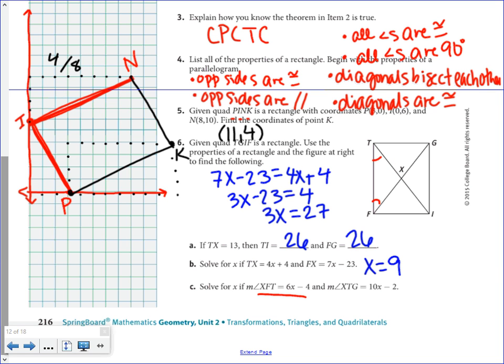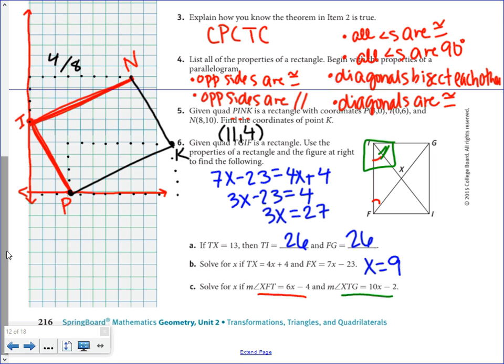These 2 angles are congruent. The other angle they give me is angle XTG, which is this angle. If you look, these 2 angles are complementary. They equal 90 degrees, and that's because we have a rectangle and all of our angles are right angles.